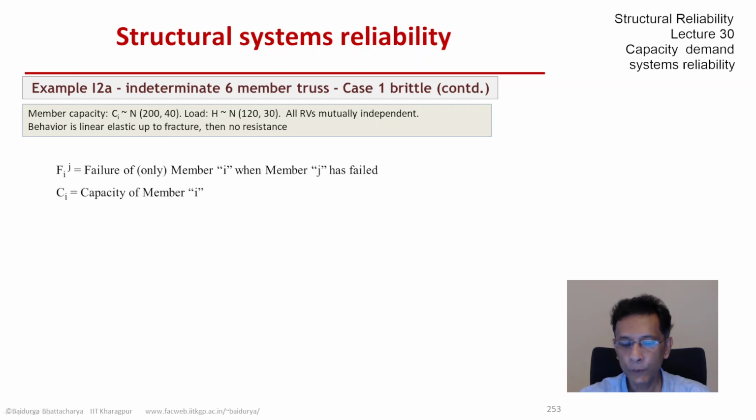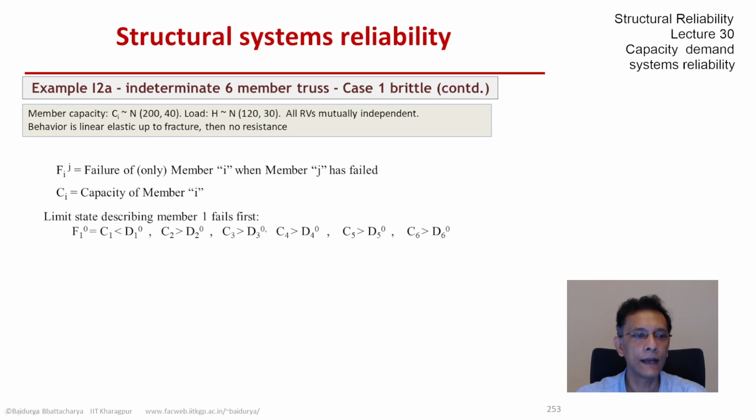Let's also write Ci for the capacity of member i, and let's make the reasonable assumption that the capacity of a member does not change with damage state. So even if other members have failed, the capacity of any surviving member is the same as it was when the structure was intact. Now with these 2 things defined, let us define F01, for example.